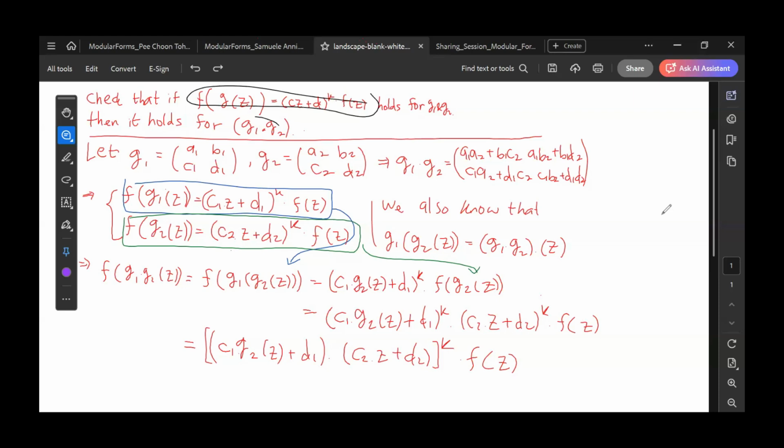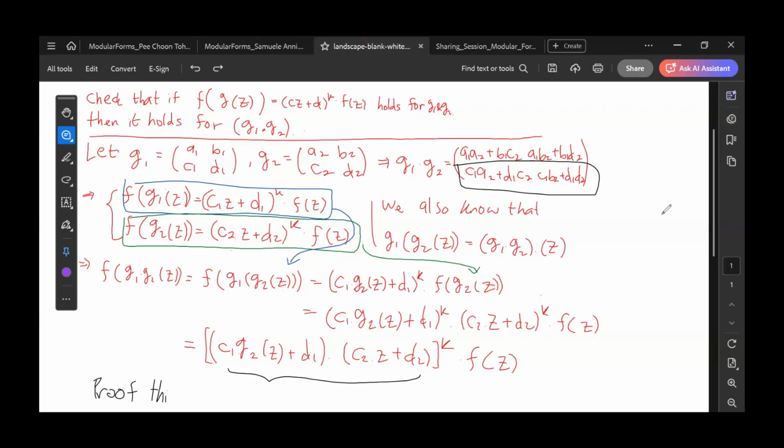So basically, since we want to prove that these properties hold for G1 G2, we need to prove that G1 is equal to this. A bit complicated, but not very hard.